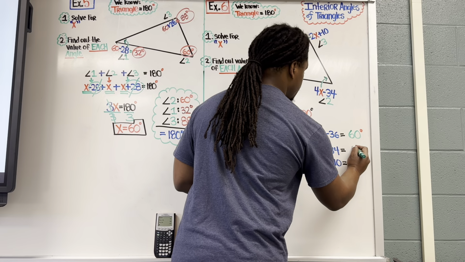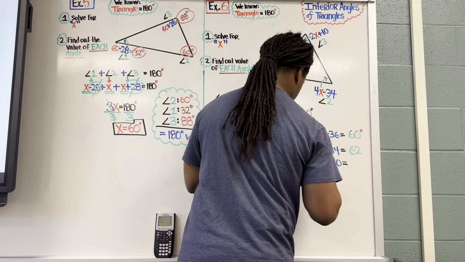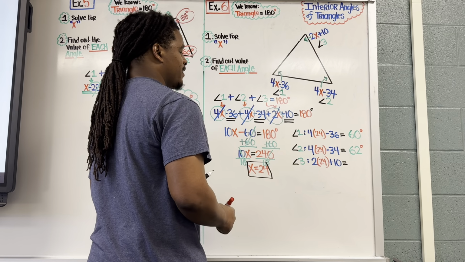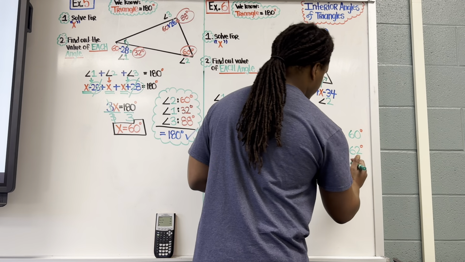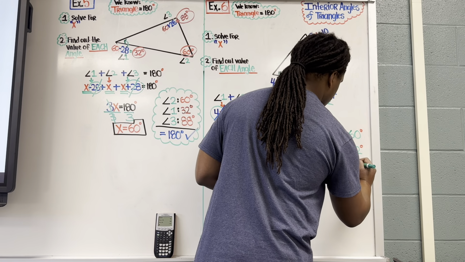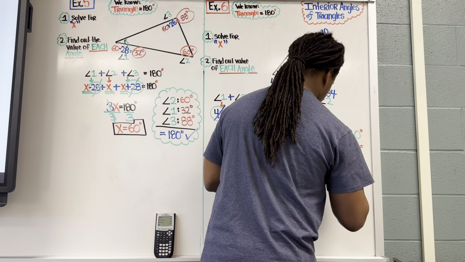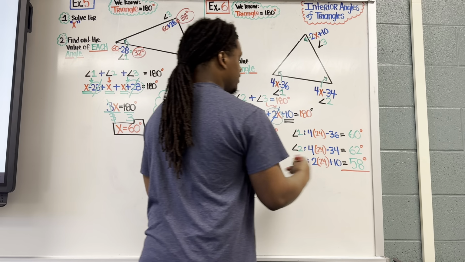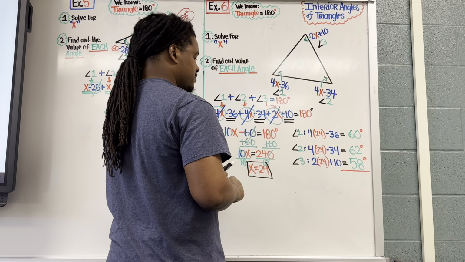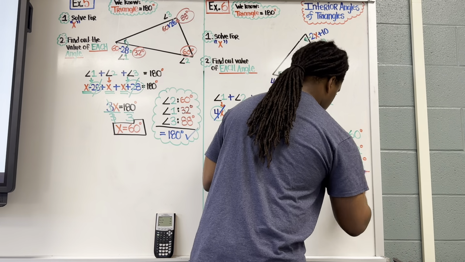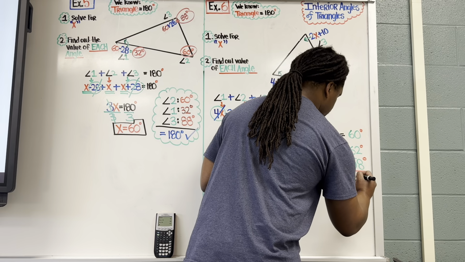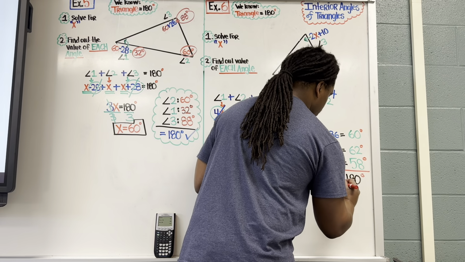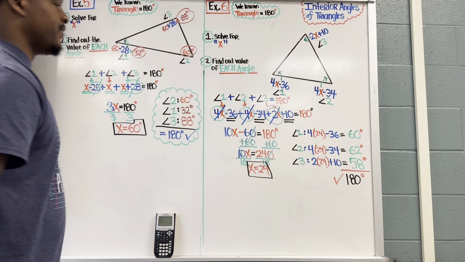So angle 2 is 62 degrees. And then 2 times 24 is 48, and 48 plus 10 is 58. And I know for a fact, as I add them up, 60 plus 62 plus 58 will equal 180 degrees, meaning that we have the correct measurements of each angle.